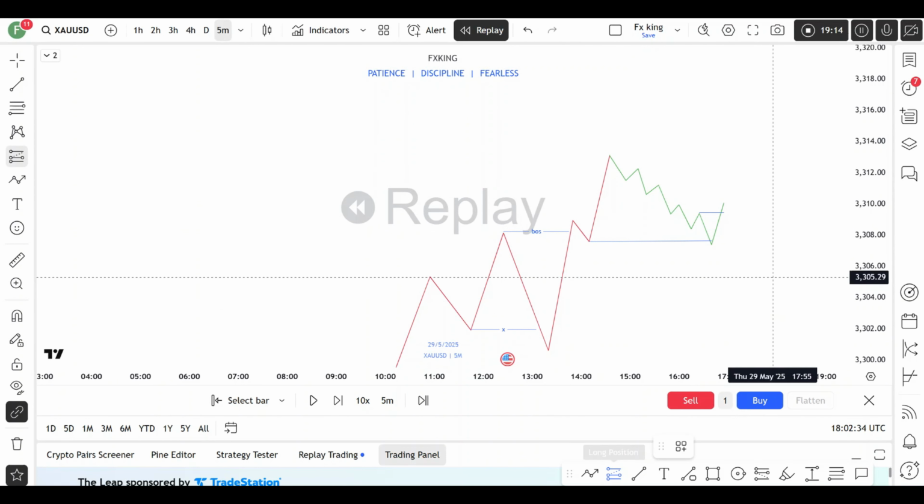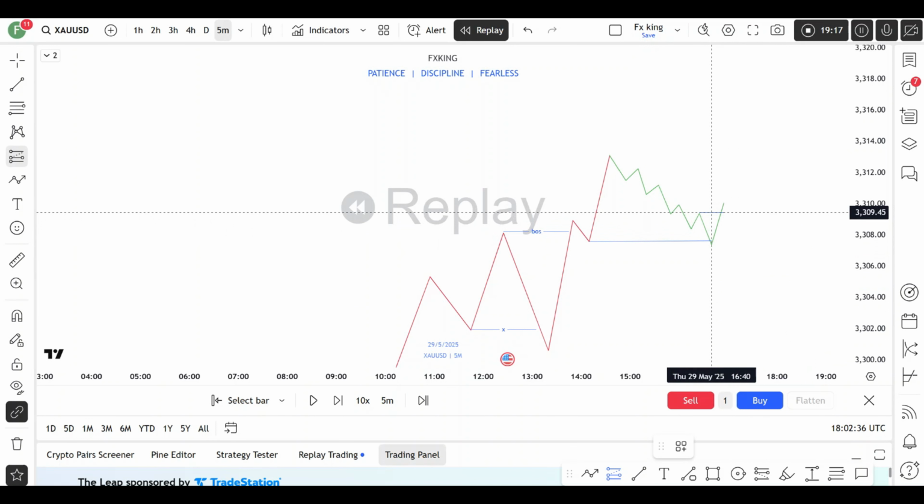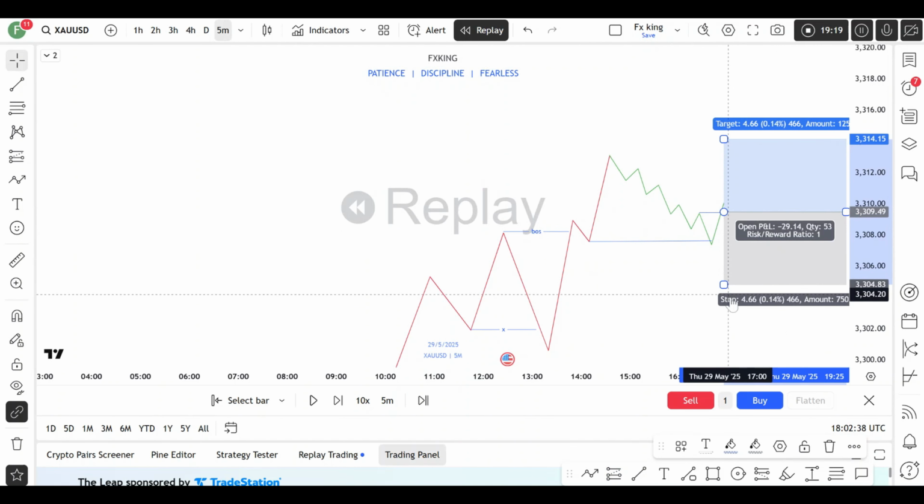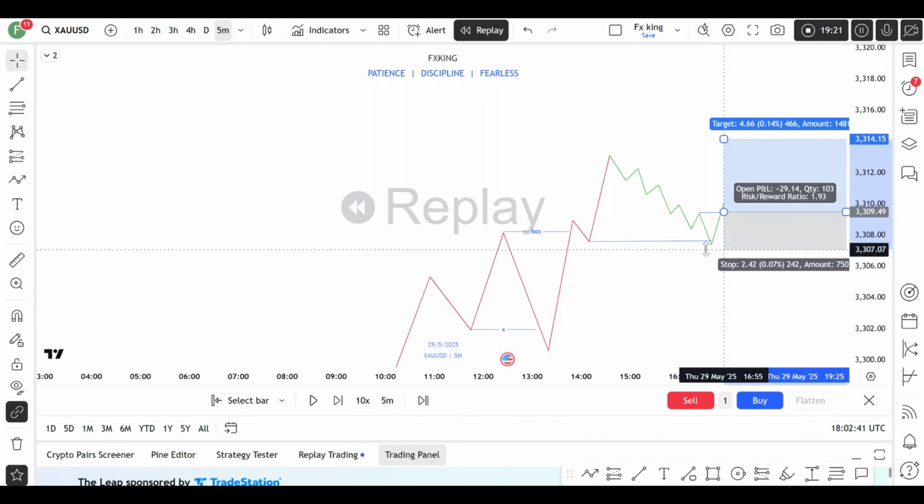First of all, you can enter directly when this breakout happens here. If you enter here, you're going to put your stop loss just right below this low. This will reduce your risk to reward, and you can set your take profit according to your Fibonacci level, right?